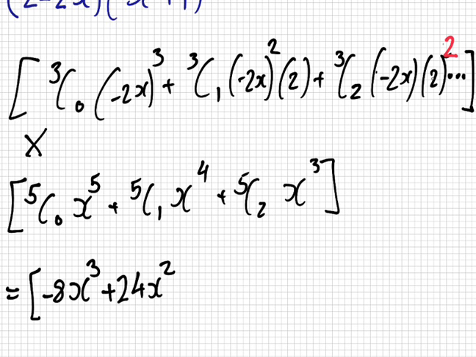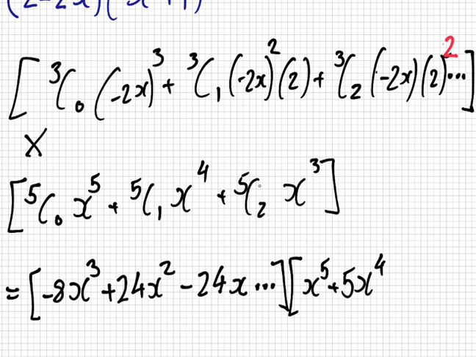And then this one is 2 squared, 4, 4 times minus 2 is minus 8, minus 8 times 3, minus 24x, dot dot dot. And then this one here would be x to the 5 plus 5x to the 4. What's 5c2? Is that 6? Or is it 10? It's 10, right. 10x cubed, dot dot dot.